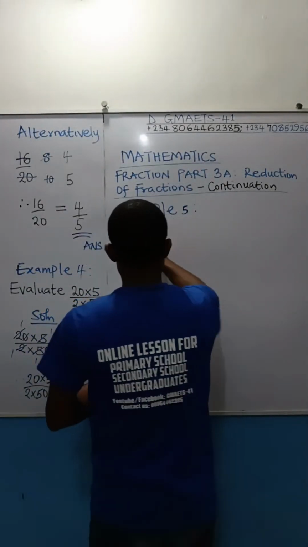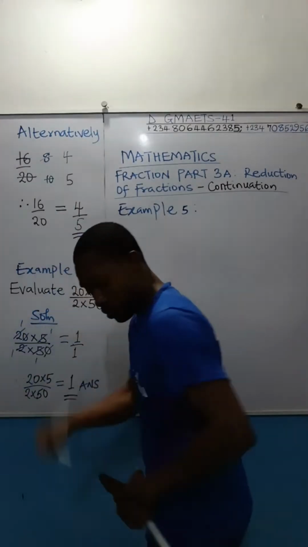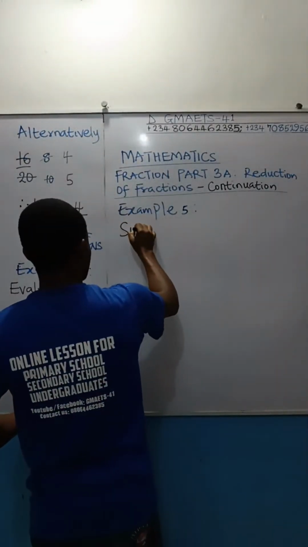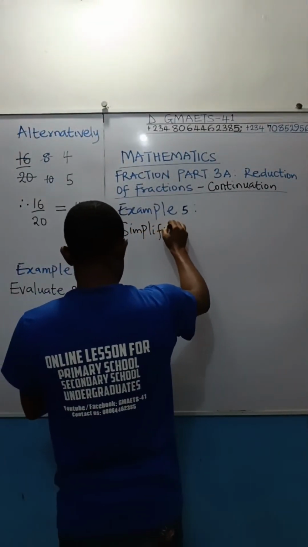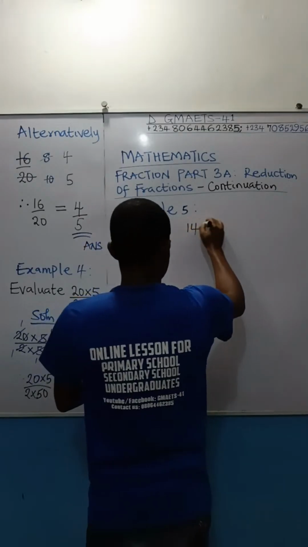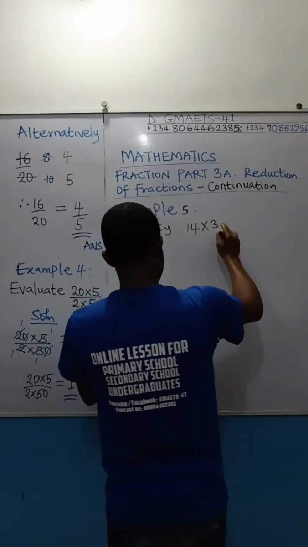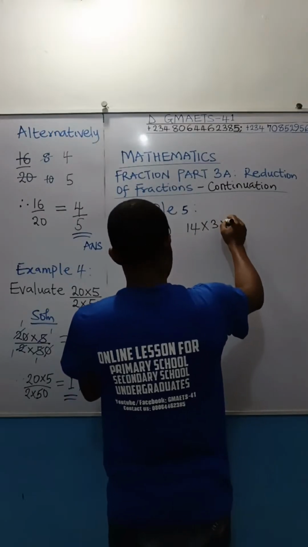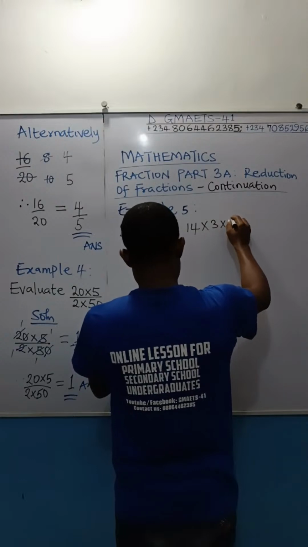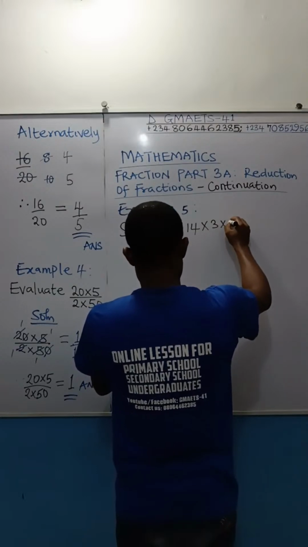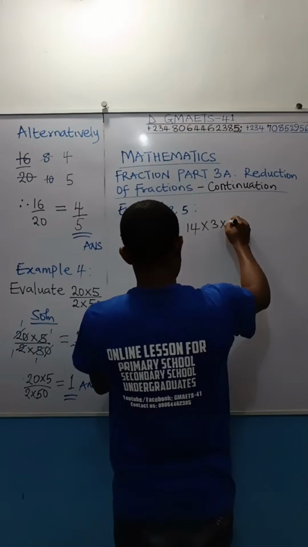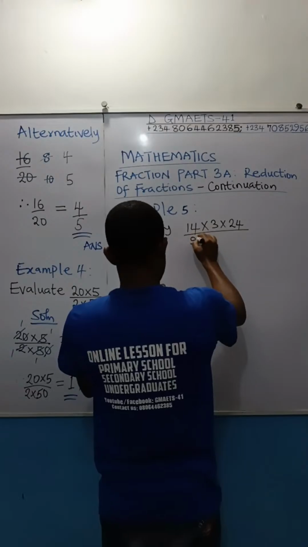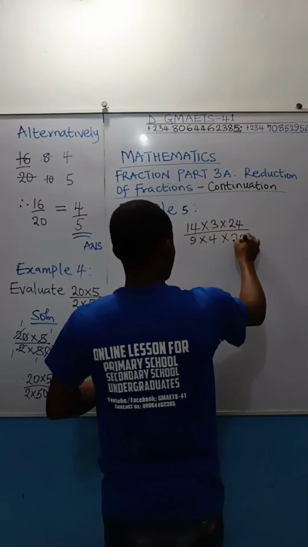Simplify 14 times 3 times 24 all over 9 times 4 times 28.